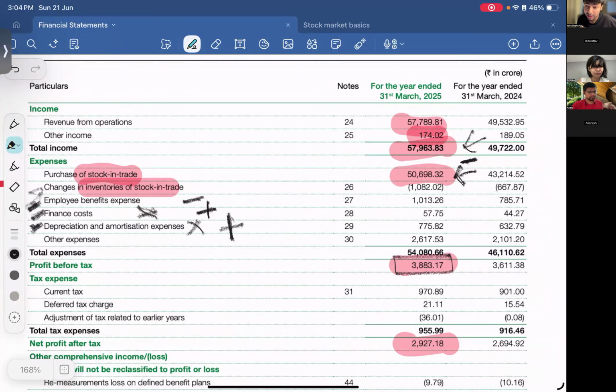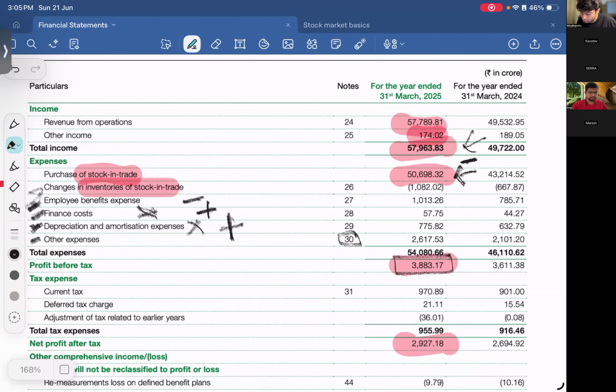Depreciation and amortization cost is basically the wear and tear. Depreciation is not a real expense. It's not like money is actually going out of my pocket, but I'm still accounting for it because all of my assets have a finite lifespan. So I subtracted this, and there are some other expenses, which are 2,000 crore. This could be other expenses, administrative costs, all of that other stuff. If you're interested, you can read more in note number 30.